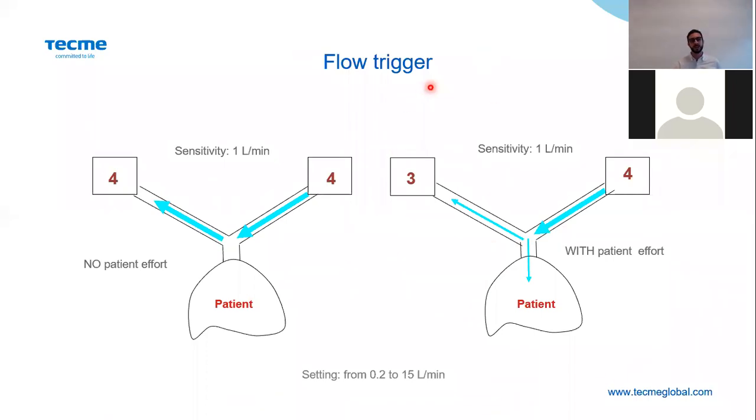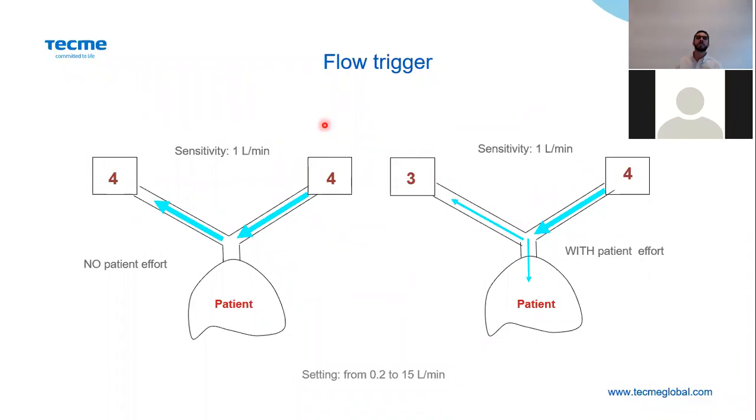Then we have the other inspiratory sensitivity, and it's by flow. So now we're talking about the flow trigger. In this case, for example, the user sets an inspiratory sensitivity of 1 liter per minute. The ventilator will start to deliver base flow, and it will measure this inspiratory flow and this expiratory flow. Here you can imagine is the inspiratory limb, and here is the expiratory limb.